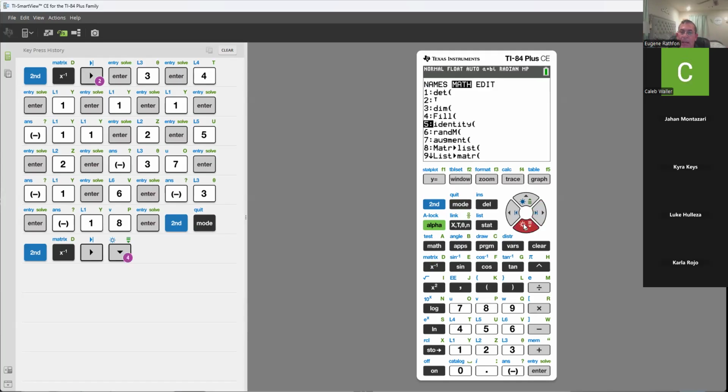I'm going to arrow down and get RREF. So that's always B on mine. And hit enter. So now I brought RREF on. I'm going to hit second, x -1, and just hit enter since that's where I put my 3 by 4 at.